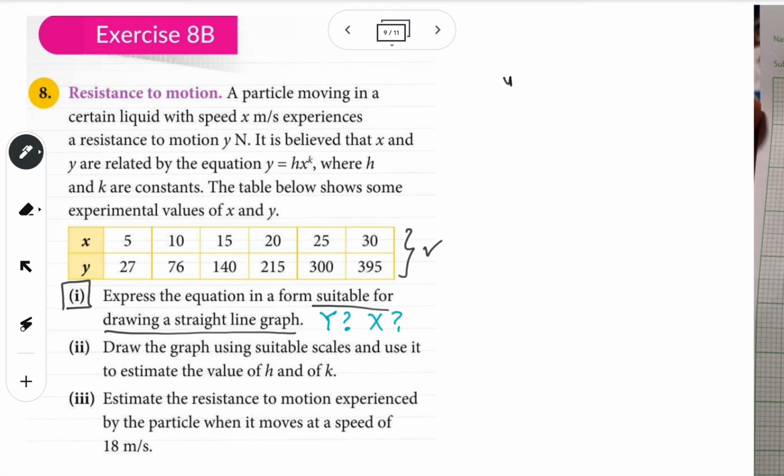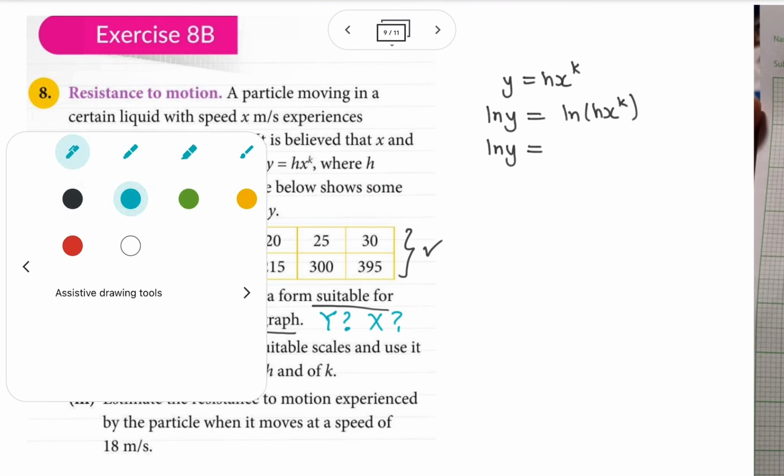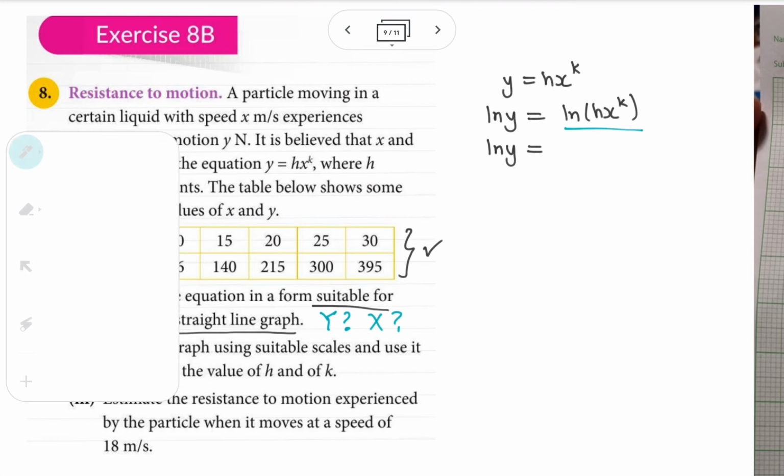So from this equation, this is an exponential equation. How do we convert this into the big Y equals to mX plus c? We can actually do ln both sides, and after we do ln both sides, we can split up the right hand side, split up the product.